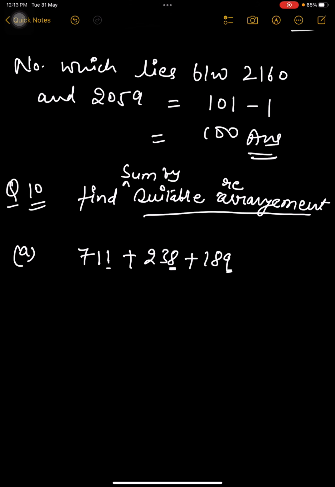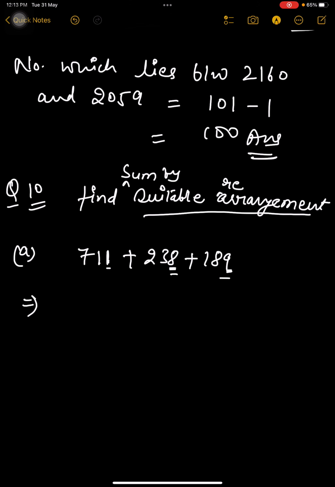So always choose those two numbers which, when we add the unit place, give the maximum number of 0. If I add 1 and 9, it will be 10, so it is giving the 0. If I add 1 and 8, it will give 9, so 0 is not coming. If I add 8 and 9, again 17 is there, so again 0 is not being made.